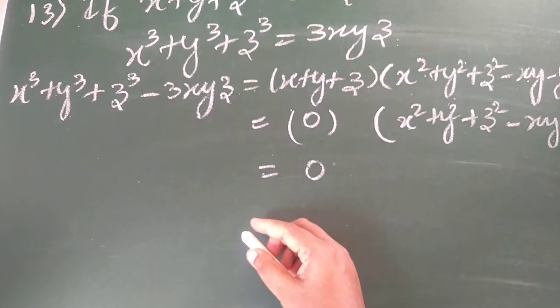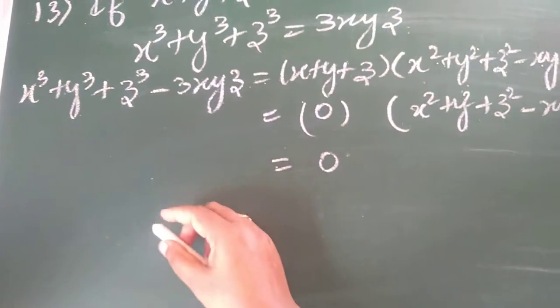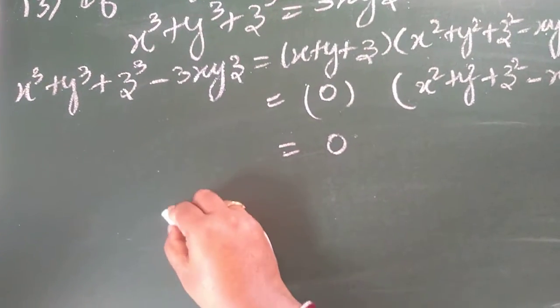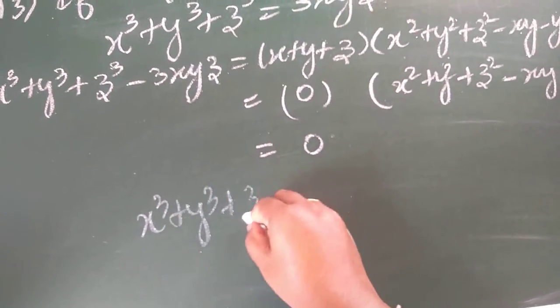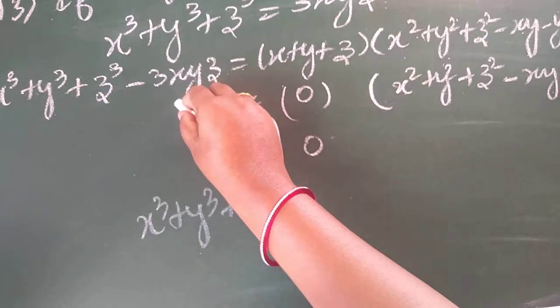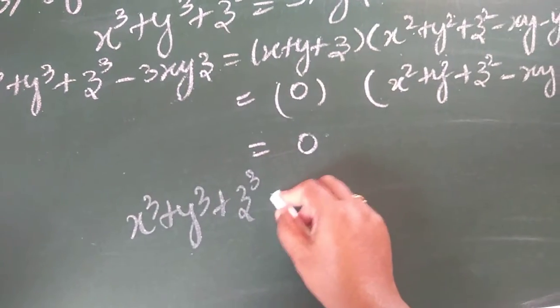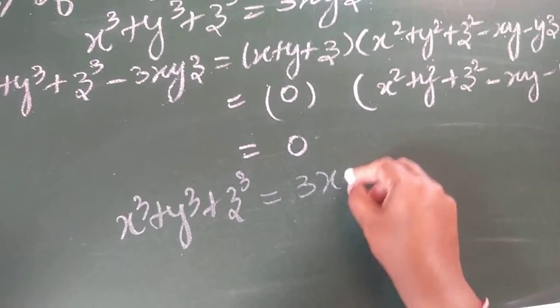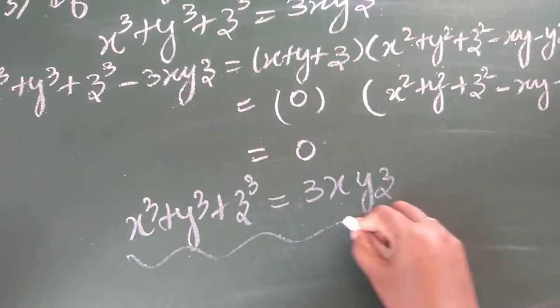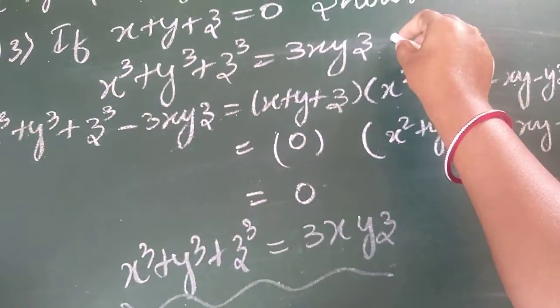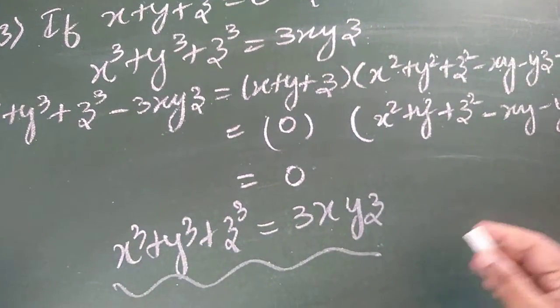Now what remains? Only my LHS will remain. From LHS I write x cube plus y cube plus z cube as it is, and I will shift this minus 3xyz to the RHS. So this will become plus 3xyz. This is what they have asked you to prove in the question, children. Yes, completed, no sum.